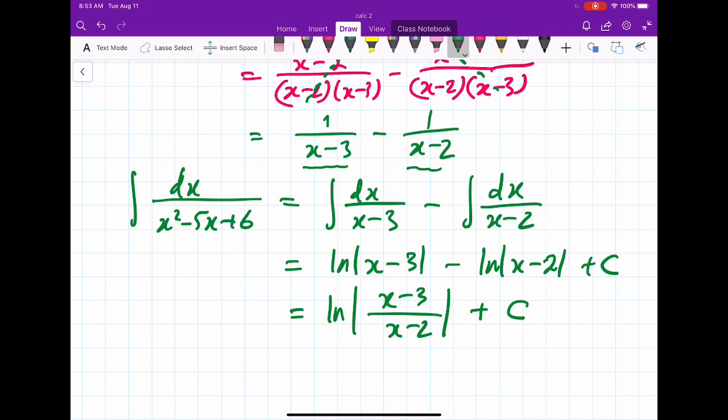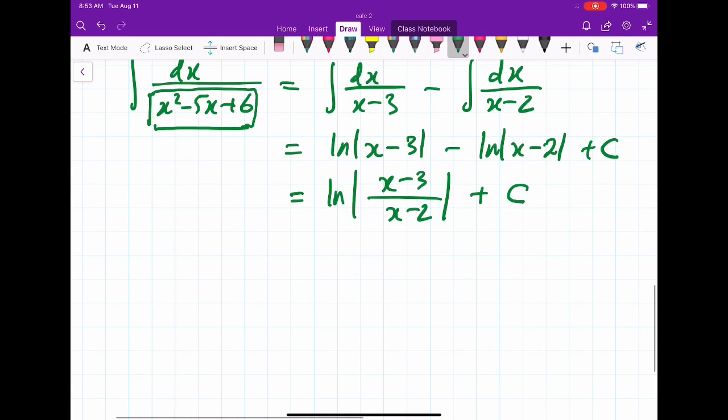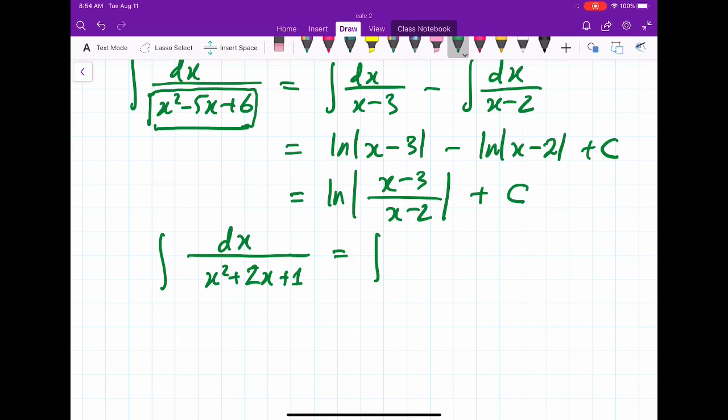But what if the polynomial has only one zero, I mean a double zero? It is even easier. For example, if you have dx over x squared plus 2x plus 1, you can rewrite that as dx over (x plus 1) squared.